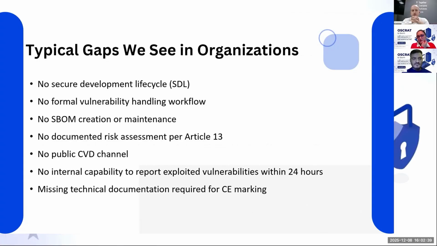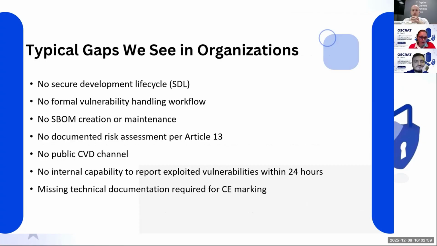And finally, this is a list of gaps that appear in organizations of all sizes, from startups to manufacturers with millions of devices in the field.